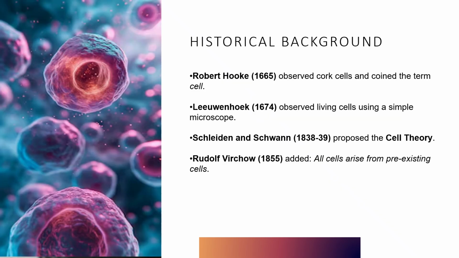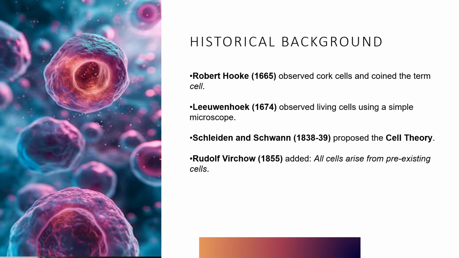Next, we will discuss historical background. So, Robert Hooke in 1665 observed thin slices of cork under a compound microscope and coined the term cell because the box-like structures looked like small rooms.